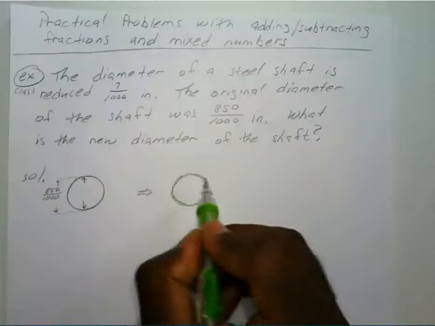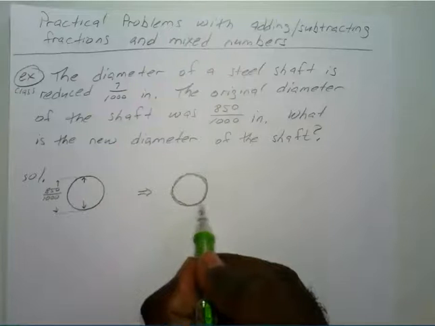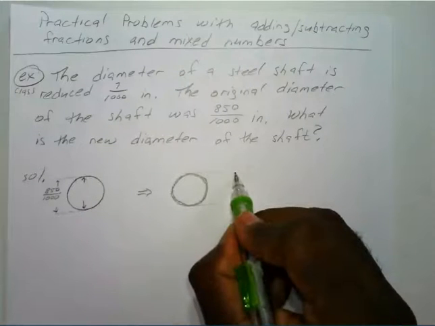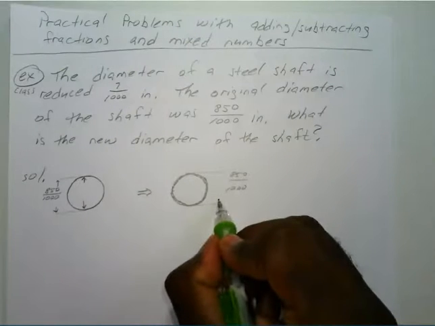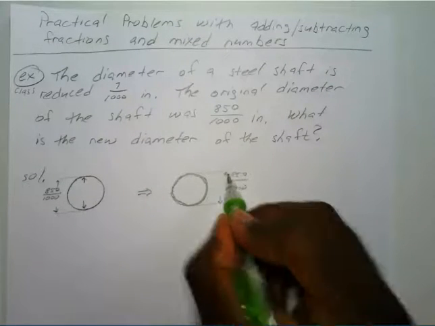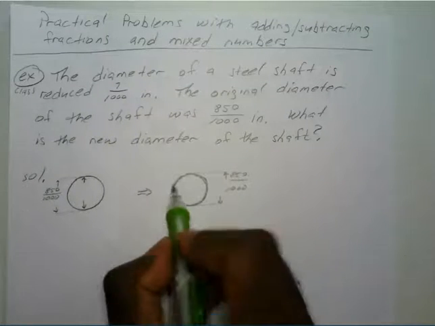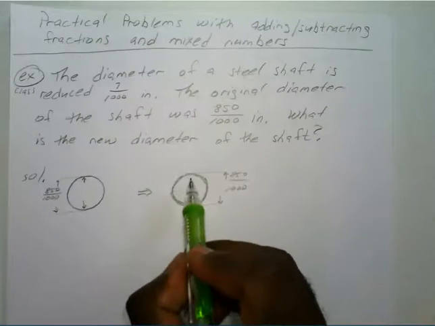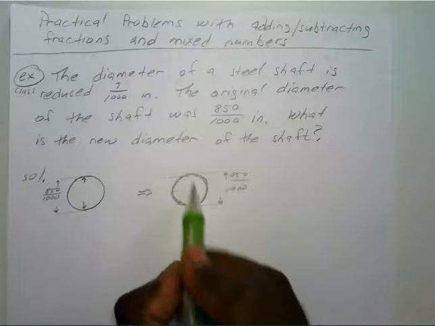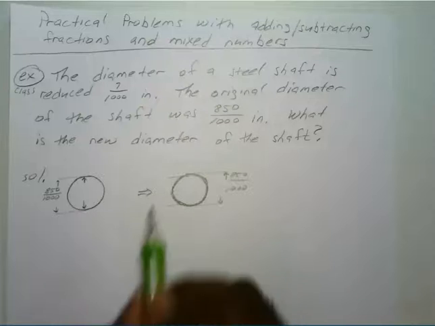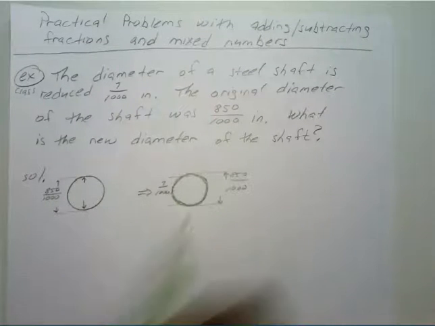So let's say it started right on the outside, to this outside, at 850/1000ths of an inch, and they shaved the diameter, and now the inside of the diameter is from here to here, and they shaved 7/1000ths of an inch.